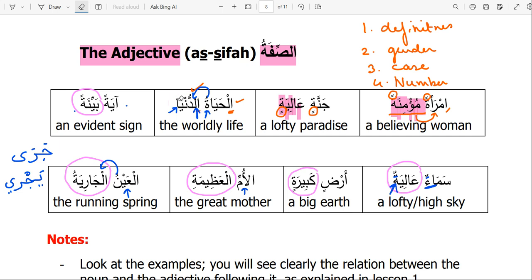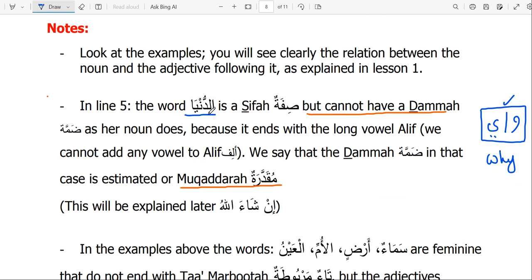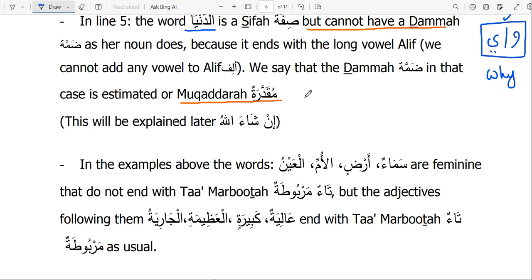Seeing the noun previously. If it has a dhamma, this is definitely having a dhamma here. But I am not allowed to put a dhamma over there. Why? Because it is the long vowel. And what do you call this in Arabic in this type of case? We say dhamma in that case as estimated, assumed.